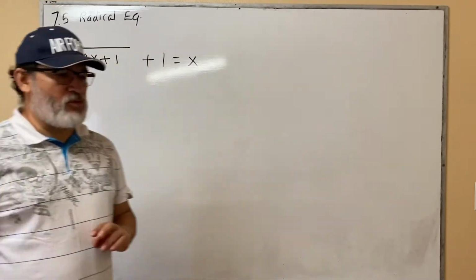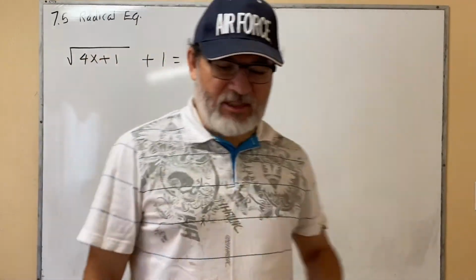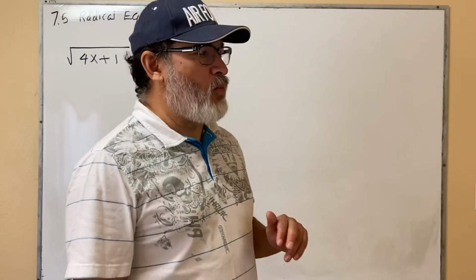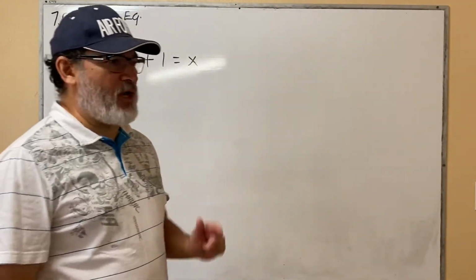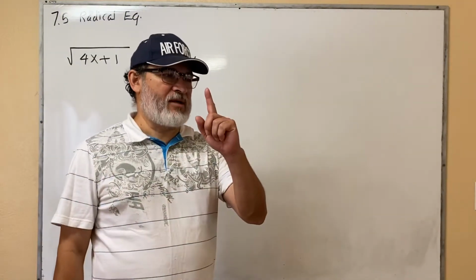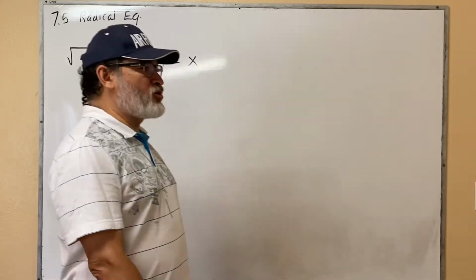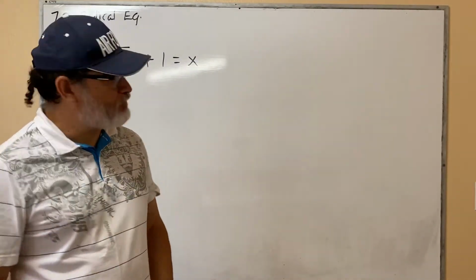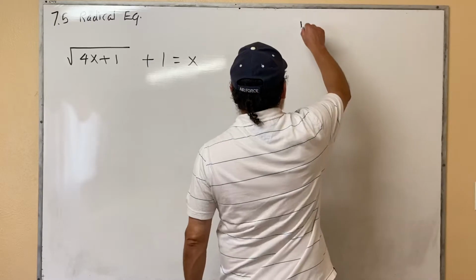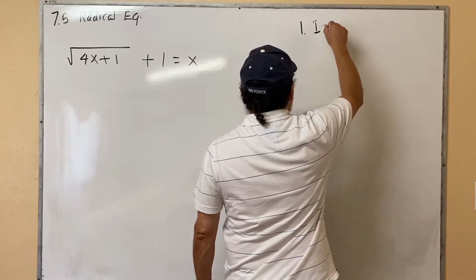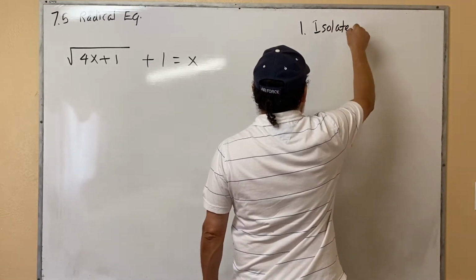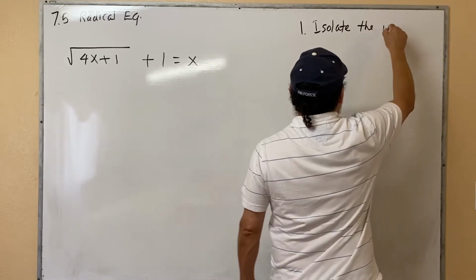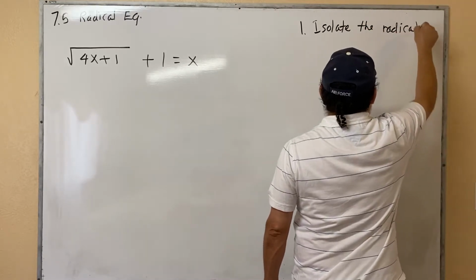Okay. So what we're going to do with this radical equation to solve it, the first step is we're going to isolate the radical. Step 1, isolate the radical.